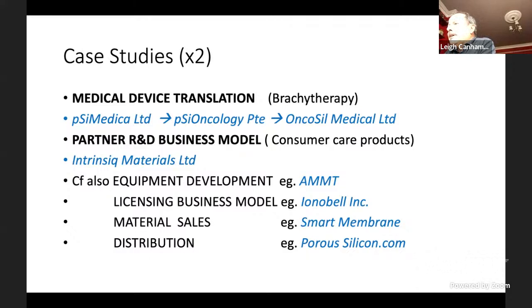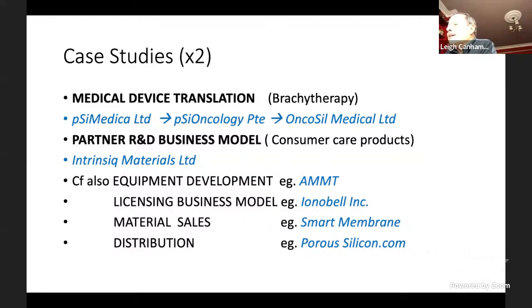Then we're going to look at a very different type of company, not a medical device company, but a company looking at consumer care products with a different business model. As I mentioned, there are a number of different types of companies. Some companies develop equipment to make nanoporous materials.